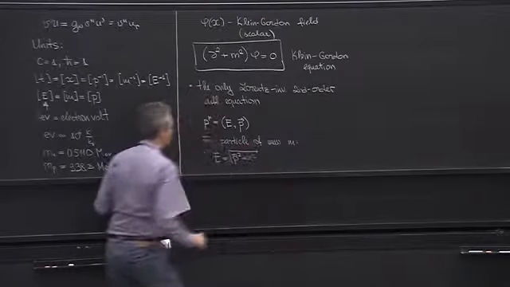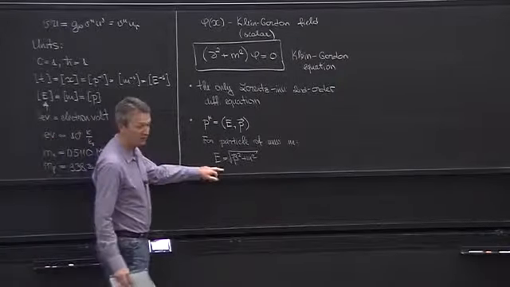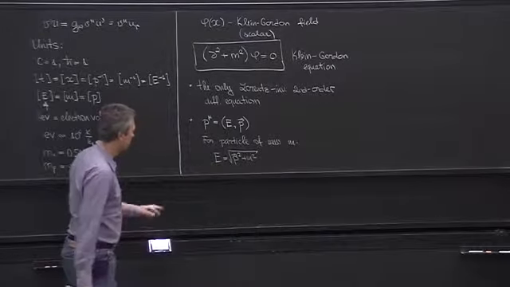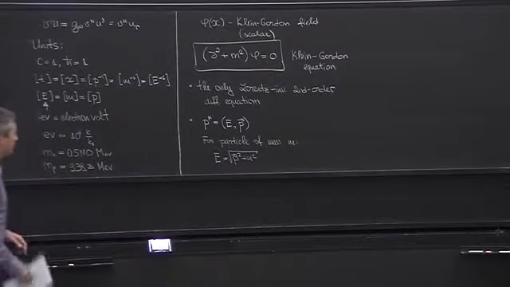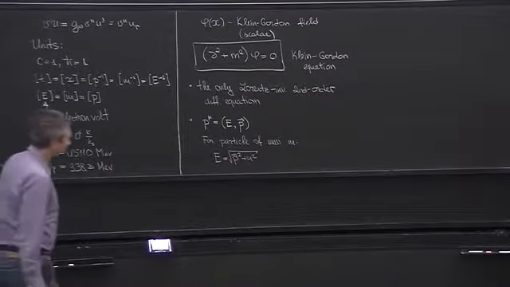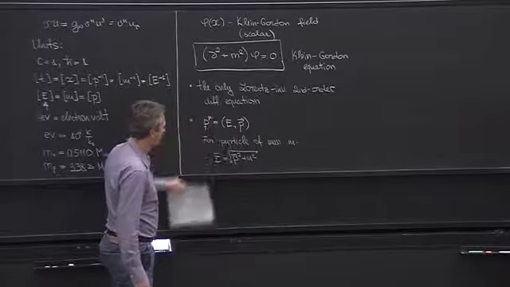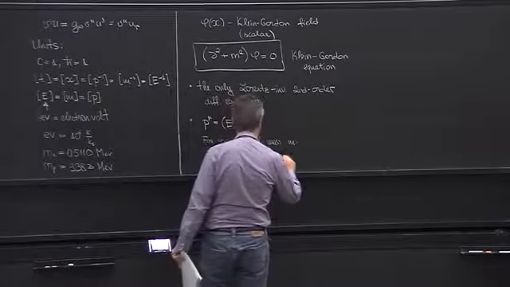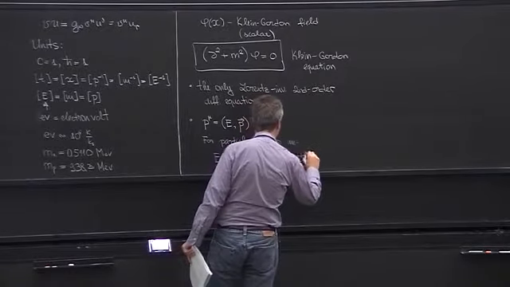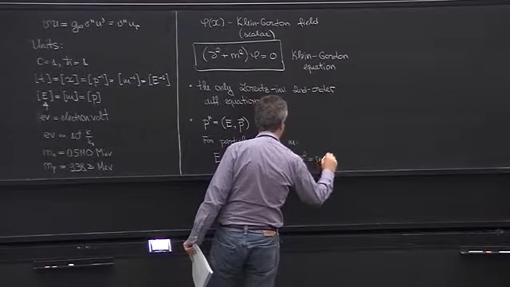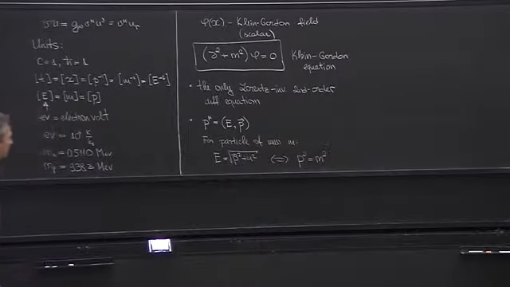This is the famous Einstein relationship, written here without the factors of c. It should be c to the 4 and c squared here, but we set c to 1. Then this can be written as an equation for the 4-vector: the scalar square of the momentum 4-vector should be equal to m squared.